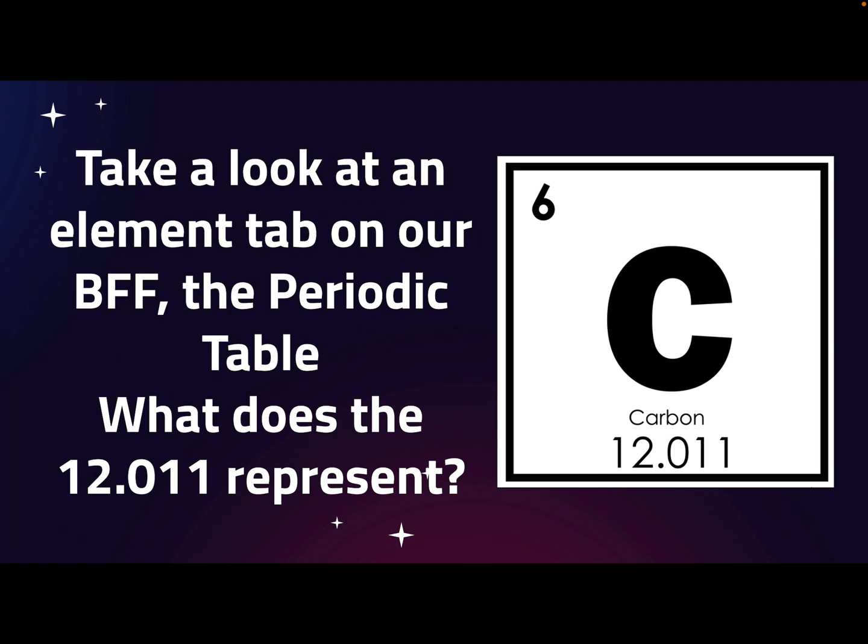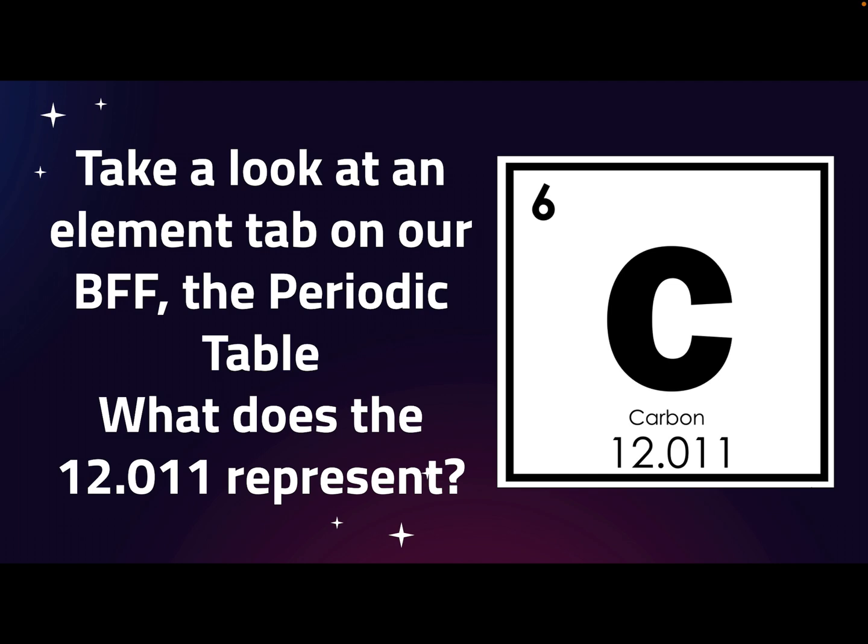So how did they pick which number went on the periodic table? It was all about taking the mass of all of the isotopes of carbon, averaging it out and throwing it on the bottom of that element symbol, and that's the one that we use on the periodic table because it is our best representation of any single carbon atom.